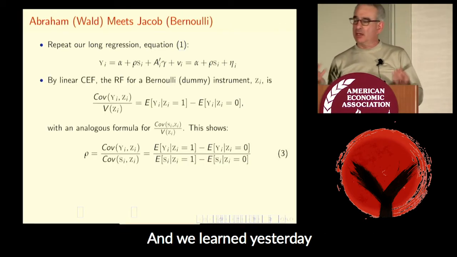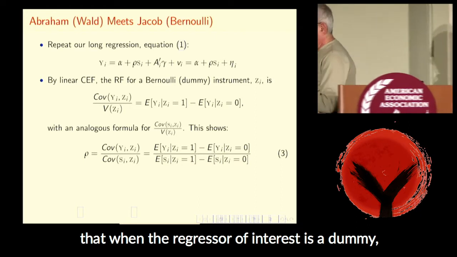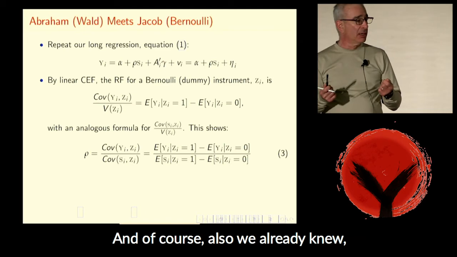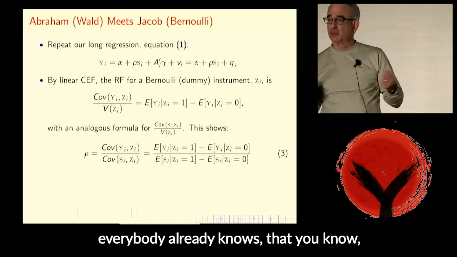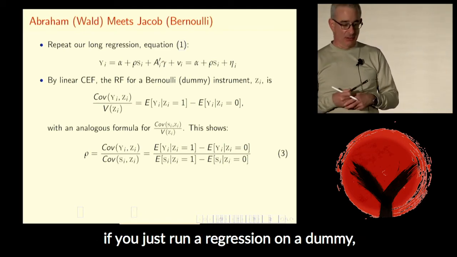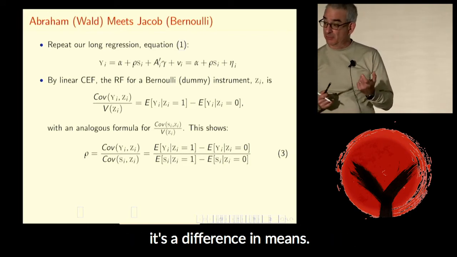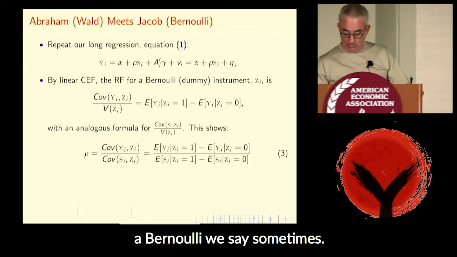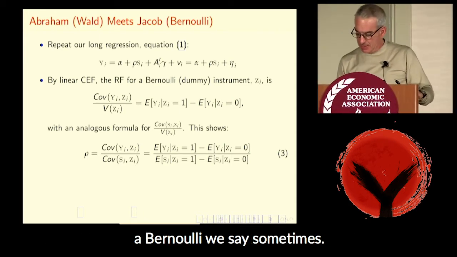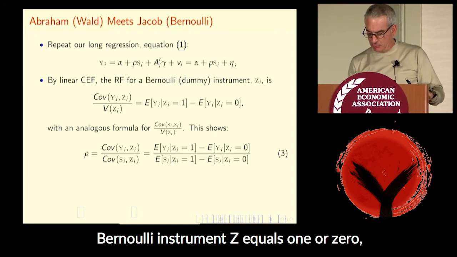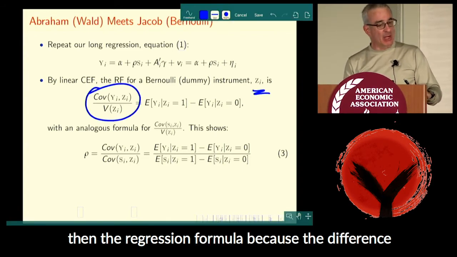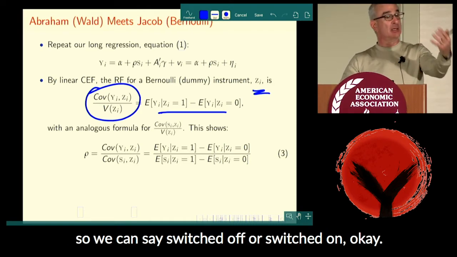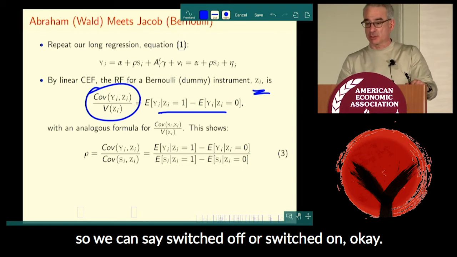We learned yesterday that when the regressor of interest is a dummy, the conditional mean function is linear. And of course, everybody already knows that if you just run a regression on a dummy, it's a difference in means. So suppose the instrumental variable is a dummy variable, or Bernoulli we say sometimes. Bernoulli instrument, Z equals 1 or 0. Then the regression formula becomes the difference in mean Y with the instrument. It's a dummy, so we can say switched off or switched on, okay?